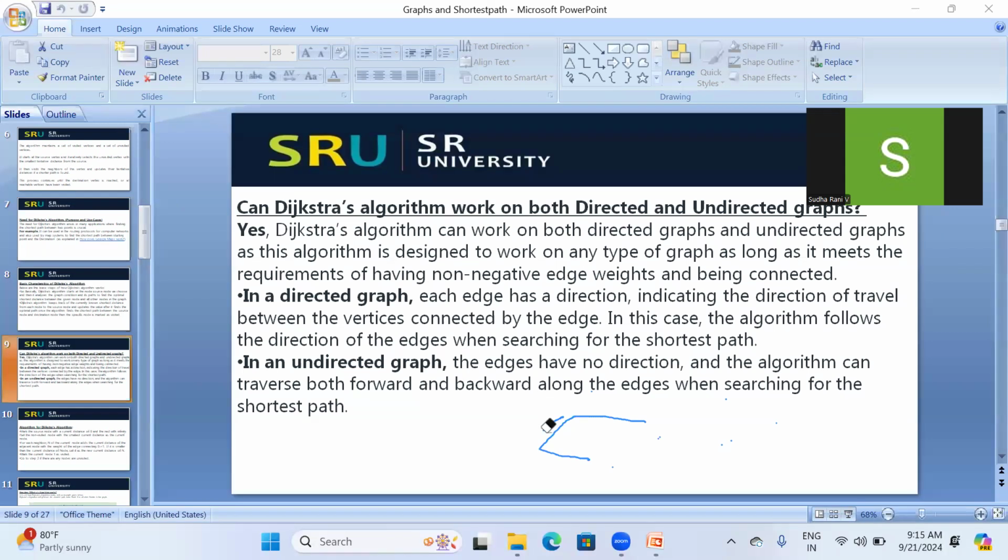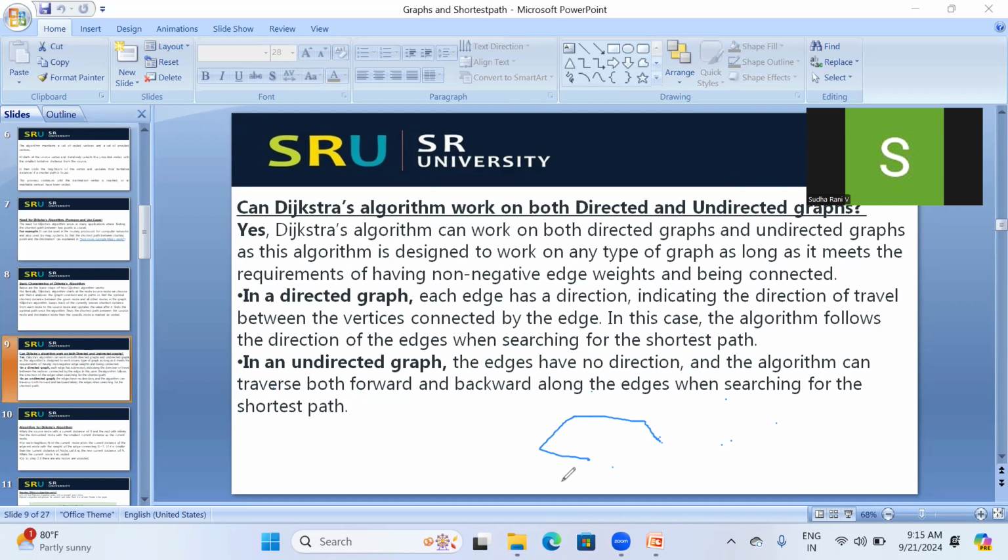If you do not have any direction, then this is called an undirected graph. Here you can traverse from any point to any point, in the forward direction or the backward direction along the edges. So if this is the destination point, you can traverse from this point to this point to this, or from here to here, and here to here.